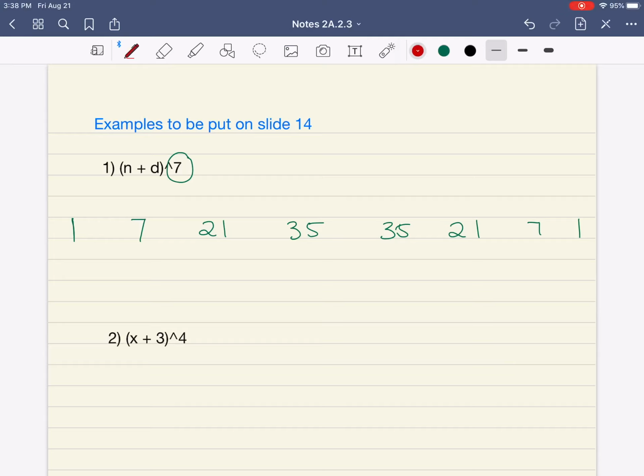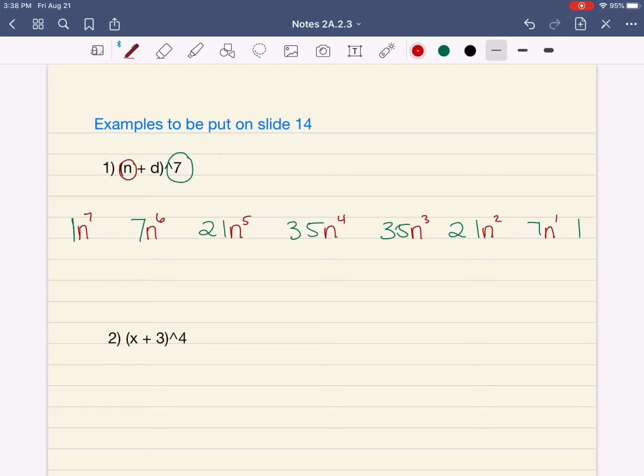All right, the next step is to take your first term, which is n, and you're going to raise it to the power of 7. So you start with your n to the power of 7, and as you work your way down, you decrease your exponent. So n to the power of 6, n to the power of 5, n to the power of 4, n to the power of 3, n to the power of 2, n to the power of 1, and then this last guy is n to the power of 0.